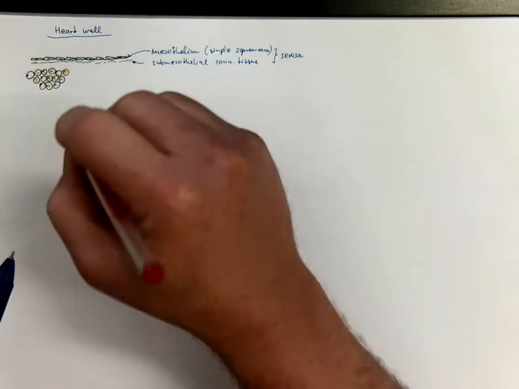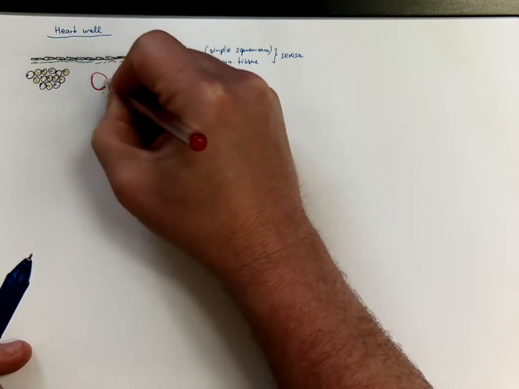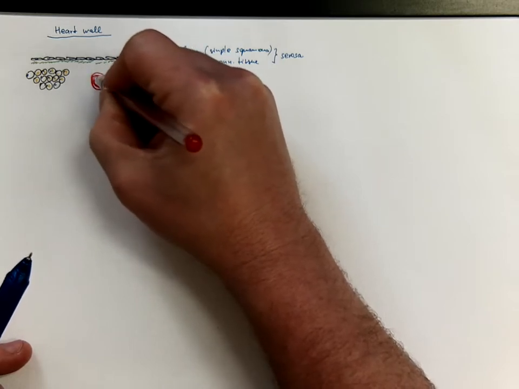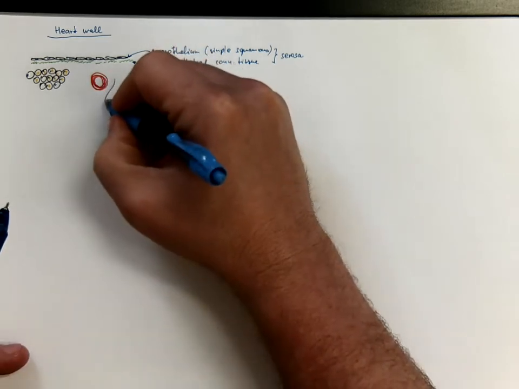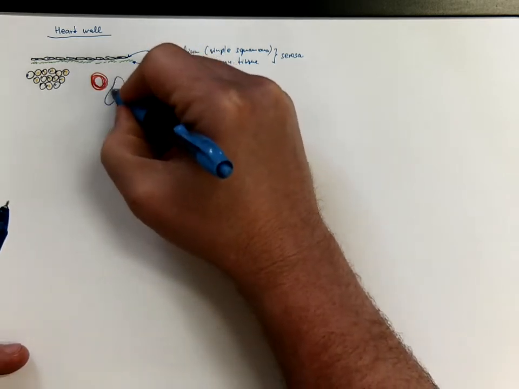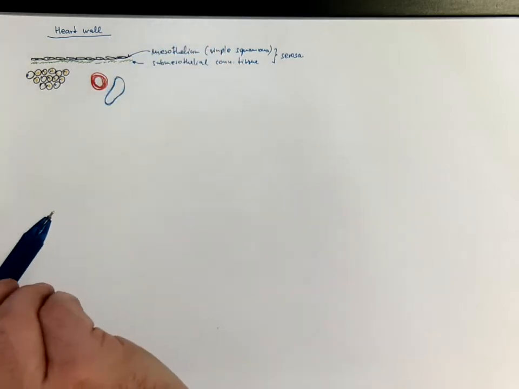Also the major coronary blood vessels, so coronary arteries and coronary veins. The veins are usually deformed in histological sections, which is a post-mortem artifact.